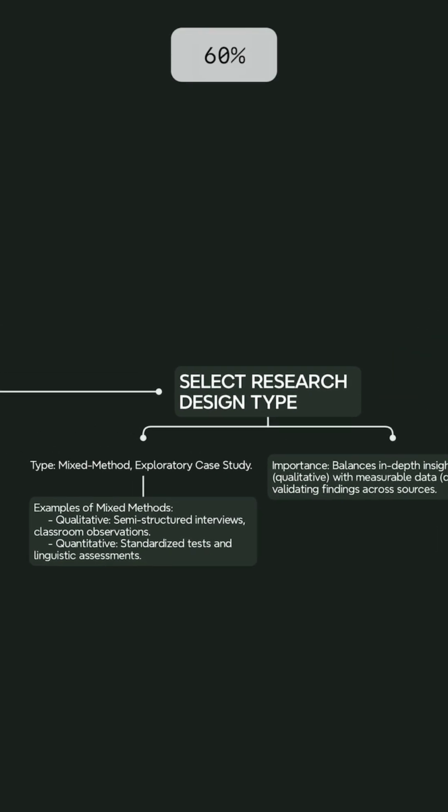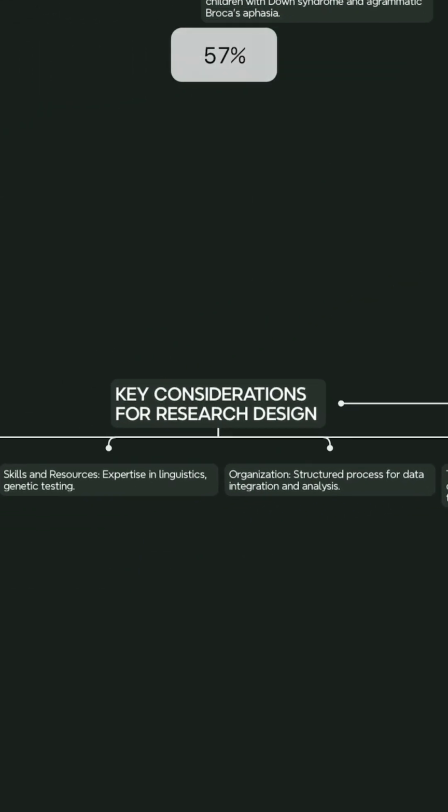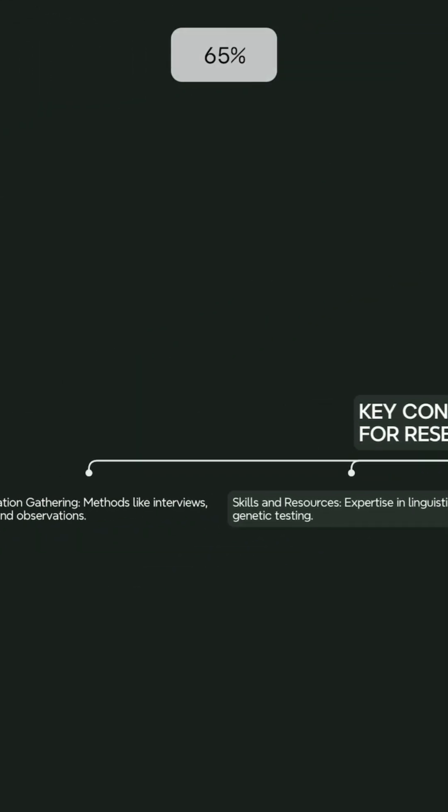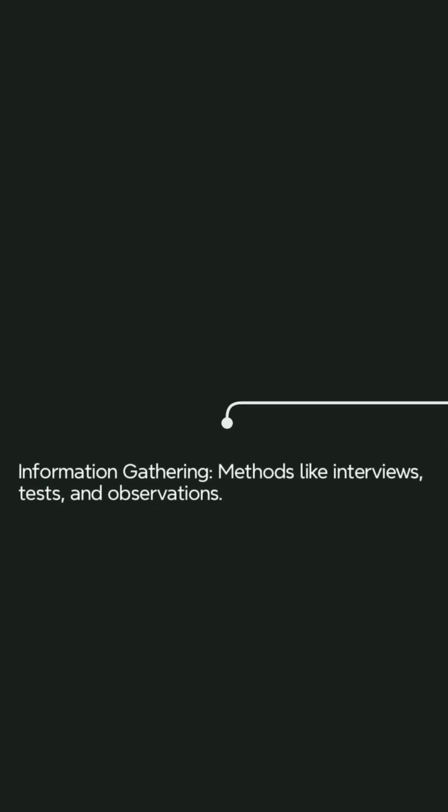This is it. Now let's take a look at the key considerations for any research design. The first thing, information gathering. Based on every hypothesis, every hypothesis should have corresponding methods that are going to help you to affirm it or to deny it at the end.